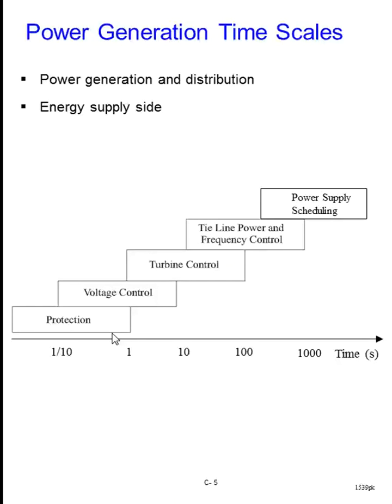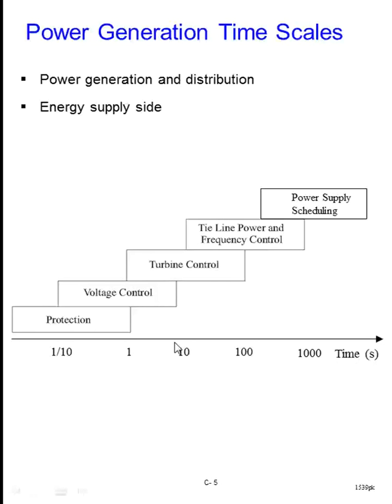So you can see here that the protection stage in the system will be of shorter duration, in the range of milliseconds, right? Then the voltage control should be from milliseconds to a few seconds or 1 second. Then the turbine control part could be from a few minutes to several minutes here. So it can last for a longer duration, up to 10 seconds even.